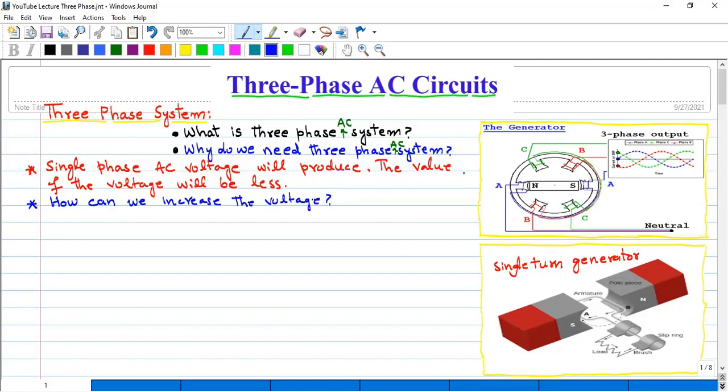As we know, E, the induced voltage, is equal to N d phi over dt. So phi is the flux and N is the number of turns.